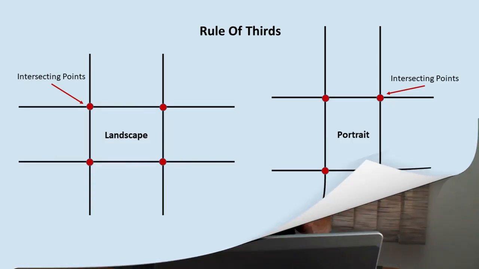The nice thing about the rule of thirds is that you can take your camera, look at your scenario, and visualize in your mind how you're going to balance out your image. You can see exactly where you're going to place your subject on this grid line in order to bring some form of balance.